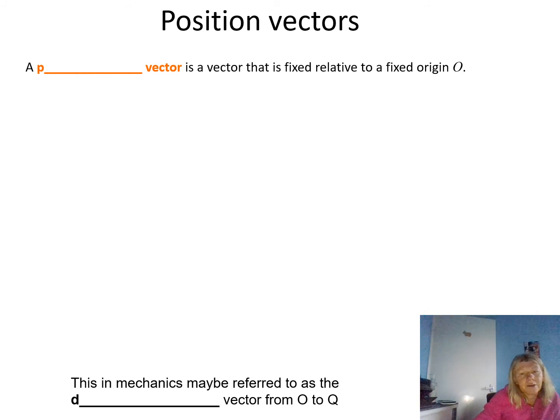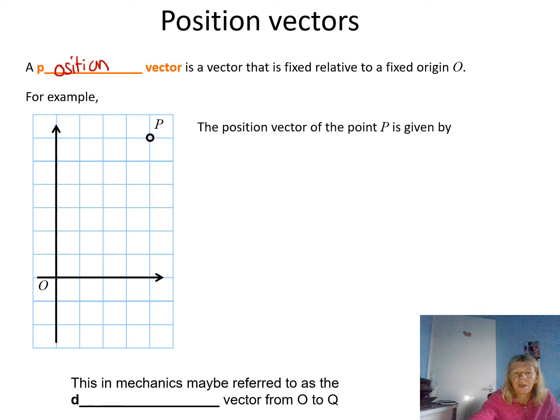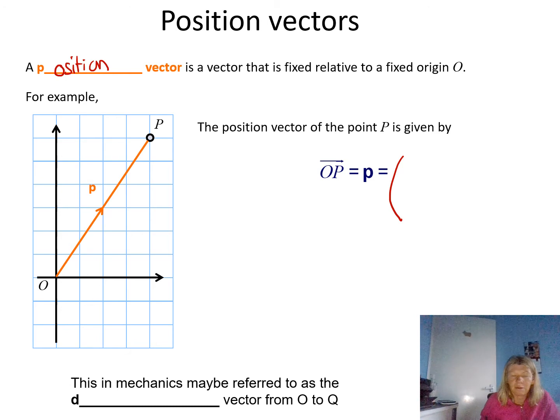Right, position vectors, interesting. Position vectors, so I'll write that again. A position vector is a vector that is fixed relative to a fixed origin. For example, the position vector of P is given by O to P, from the origin, or just a bold P. And in this case, if we read it off, if you count the squares, it works out 4 along, 6 up.